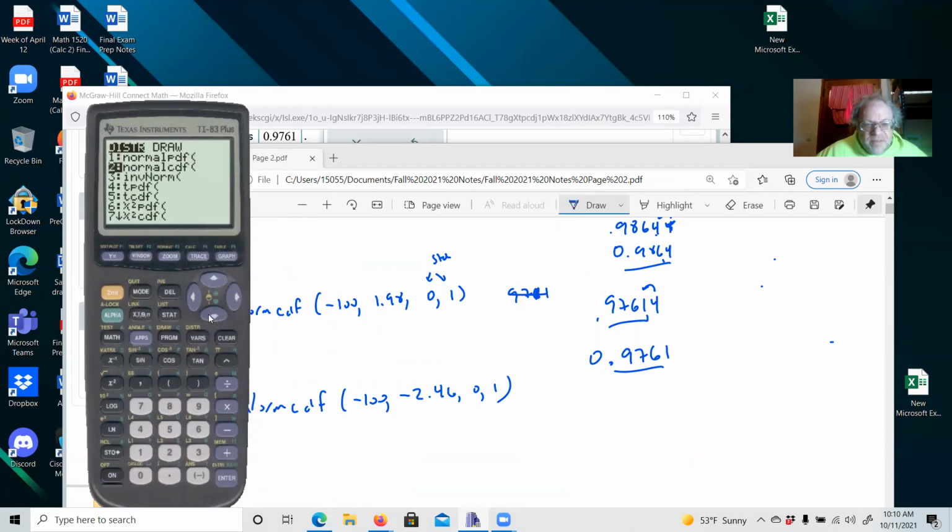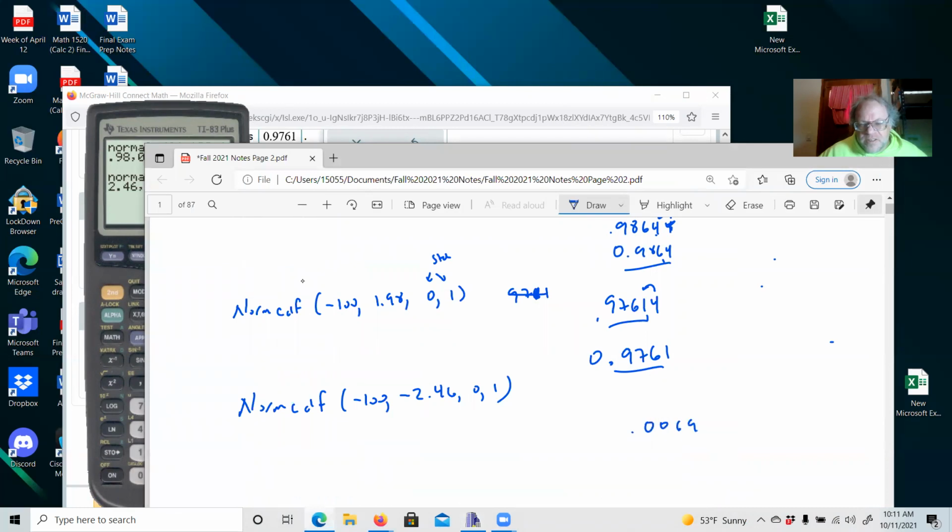Norm CDF. Yep, there we go. So negative 100, there's my low number. My high number is negative 2.46. And then we have our mean and standard deviation. 0.00694.